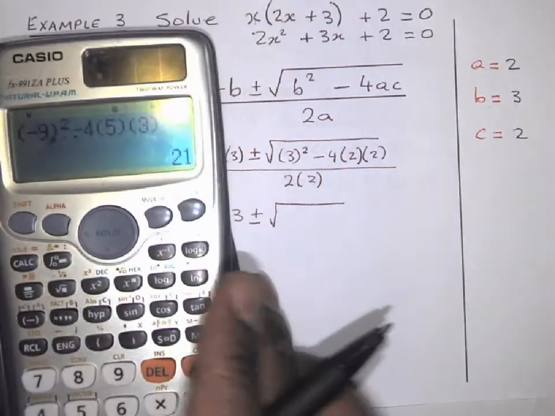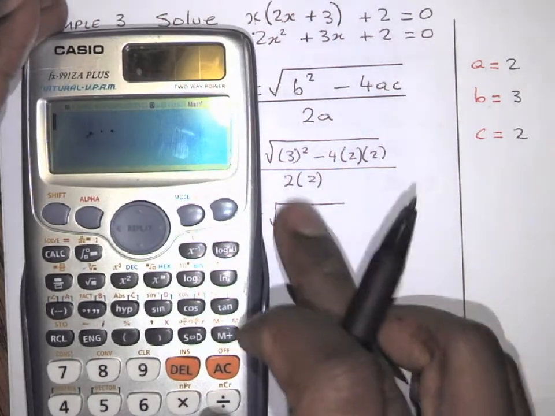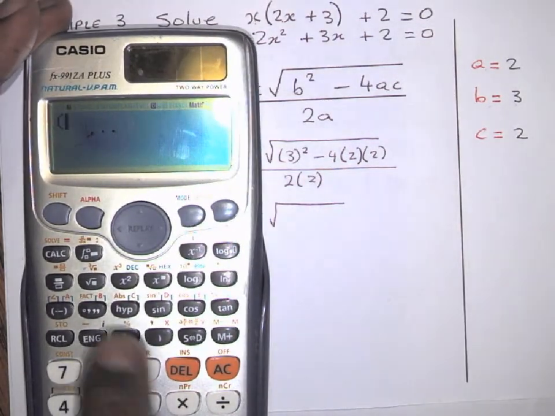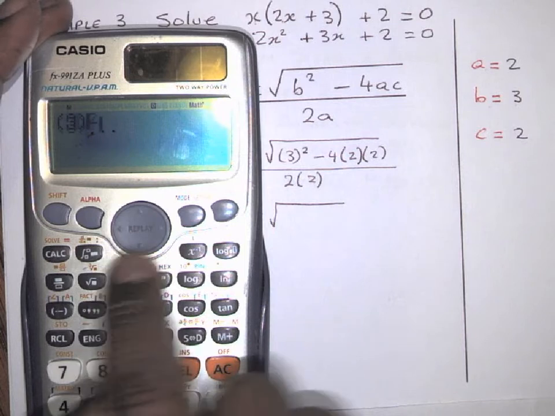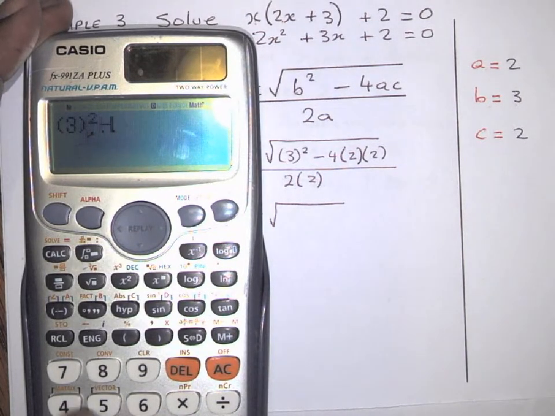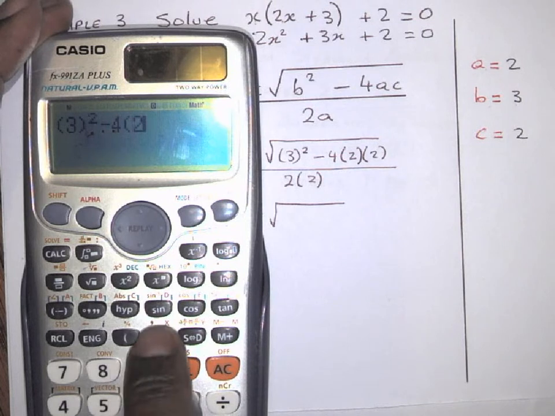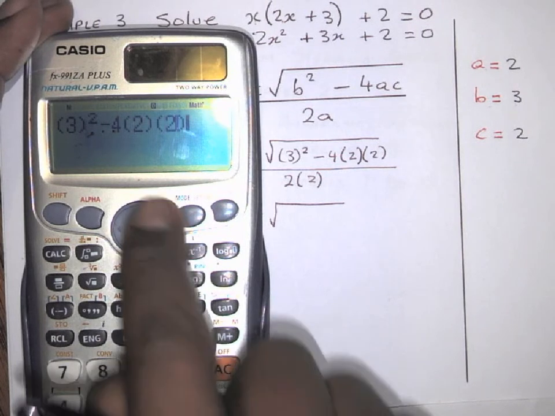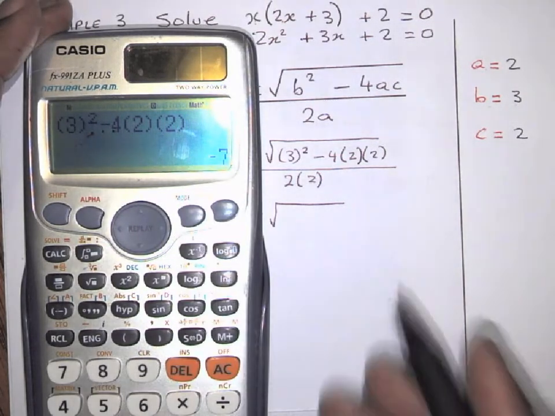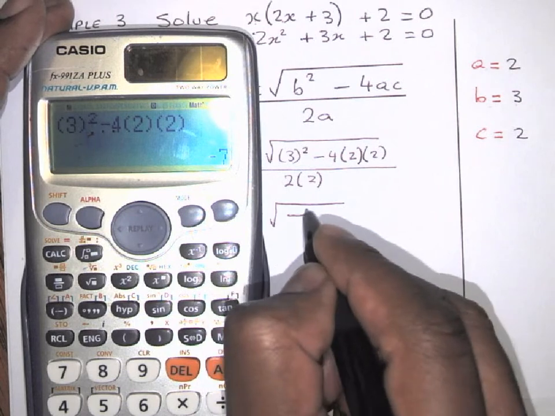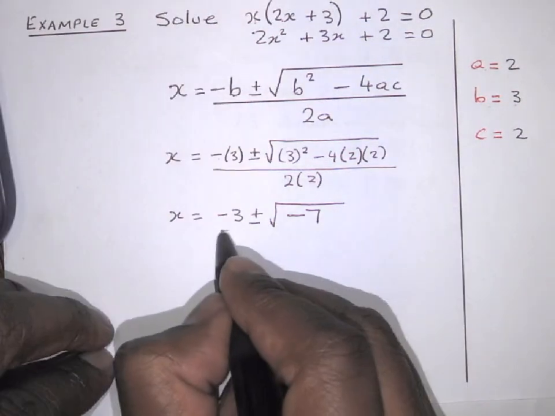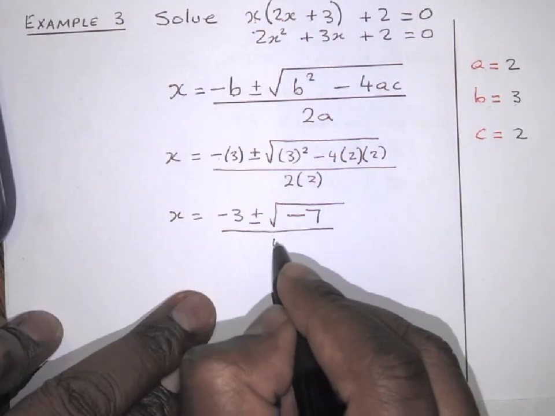Now what is the answer that we'll get under the square root? We'll put a 3 there, which is squared, and then I'll have minus 4, open bracket, there's a 2, and then another 2 there. So the answer there is negative 7, and all of this is divided by 4.